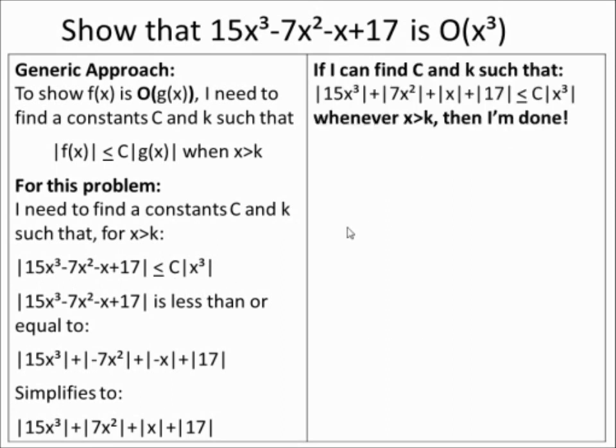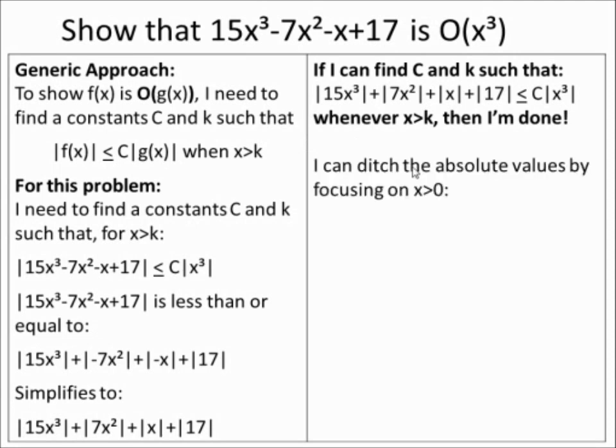Okay. So now I want to find constants c and k such that this is less than or equal to this. But notice, on the left-hand side, because of the triangle inequality, I got rid of all the negatives, right? Now I can just say, well, look at x greater than 0.